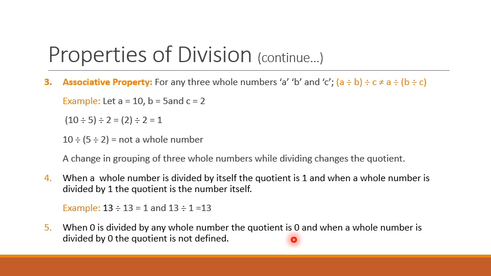Whereas I cannot divide any number by 0 because division by 0 is not defined. We cannot get an answer if I try to divide any number by 0. So that's why we say division by 0 is not defined.